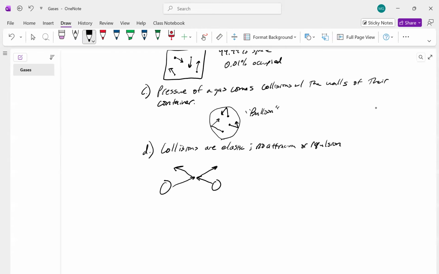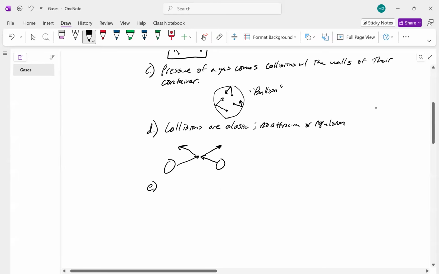That's what an elastic collision means, that there's no loss of energy in that collision. Unlike, for example, a car accident, when two cars collide, both of those cars stop and they don't just bounce off each other and go on their way. There's a loss of energy in there.